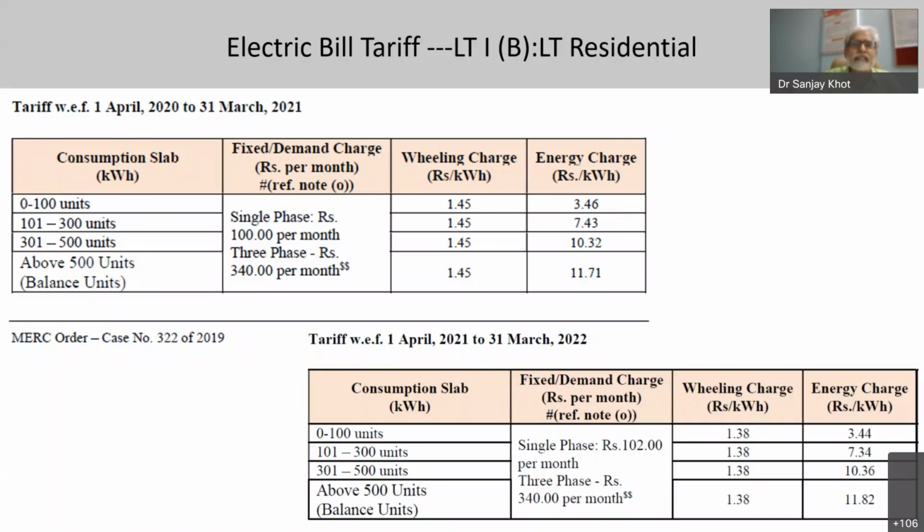There are also fixed charges for every electric consumer. 100 rupees is the fixed charge for single phase. In some residential applications, we need three phase supply also. So these are the minimum charges. That means if you use only 1 unit, 2 units, or 10 units, you need to pay this 100 or 340 rupees, and other charges are calculated on the basis of this.